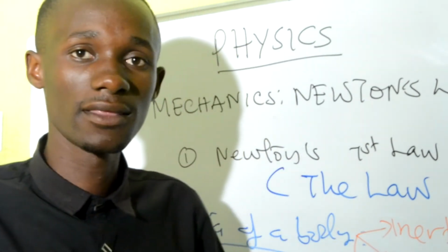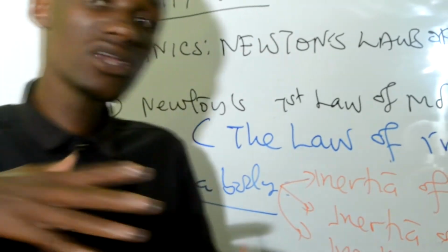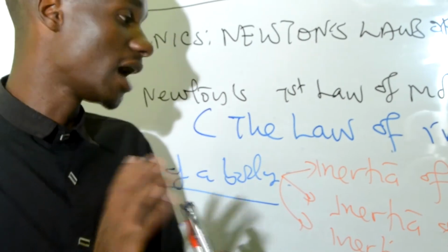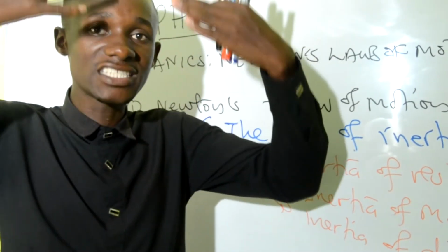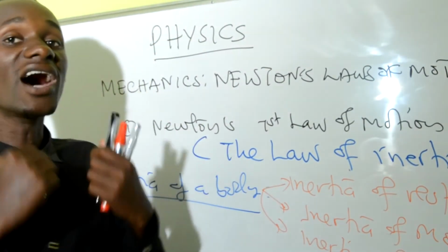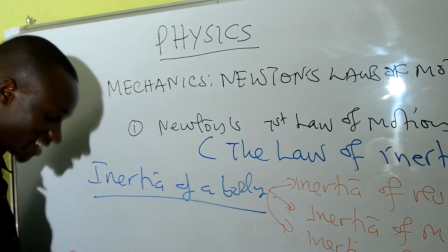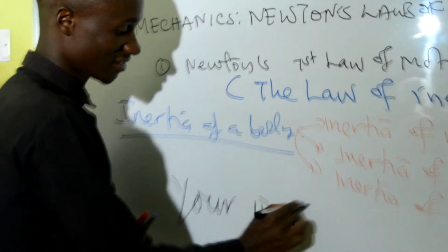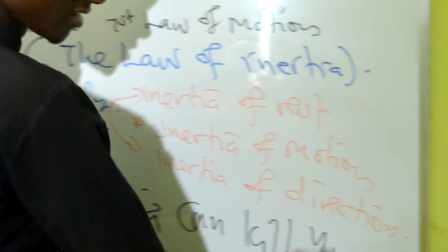This happens because when the car starts motion, the lower parts of the passengers' bodies are set in motion, while the upper part resists the changes. As a result, they tend to move backwards. That is why you can say your inertia can kill you.